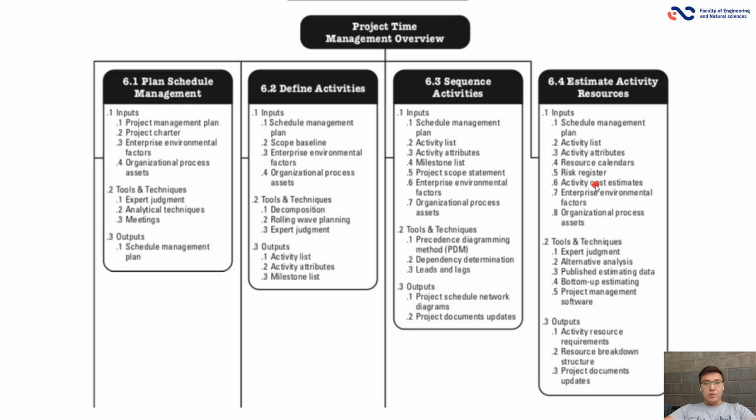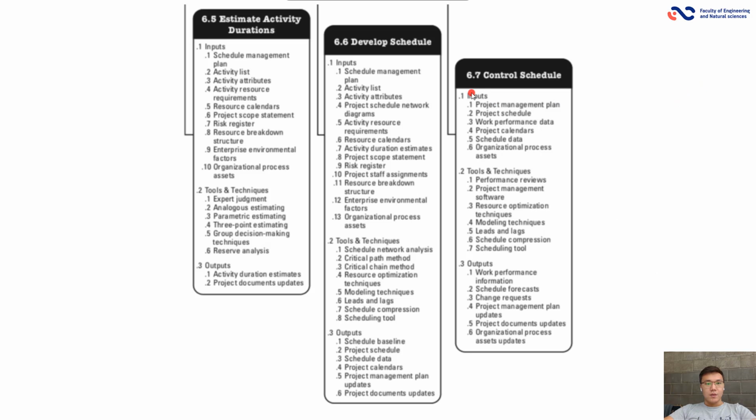Project time management overview. First is plan schedule management, second is define activities, third, sequence activities, fourth is estimate activity resources, and fifth, estimate activity durations, develop schedule, and control schedule.